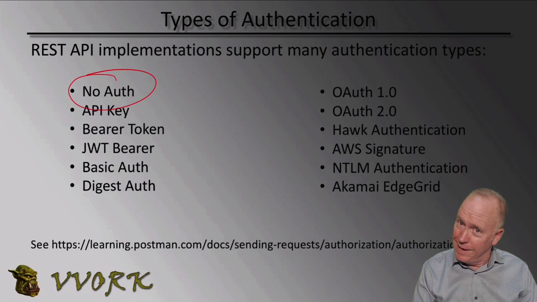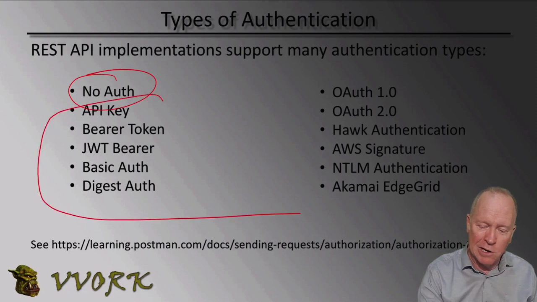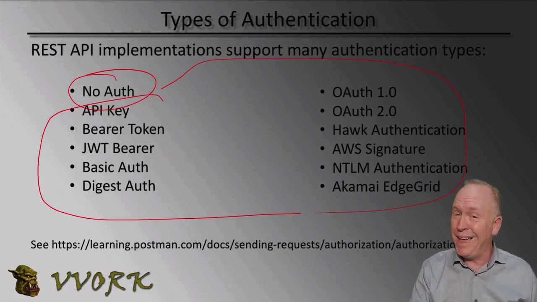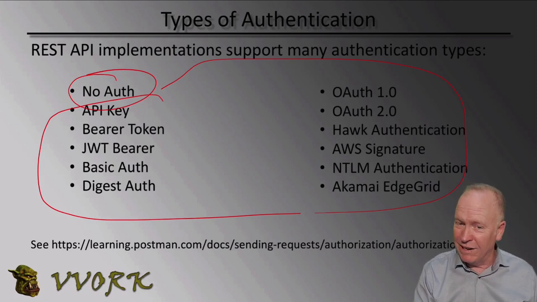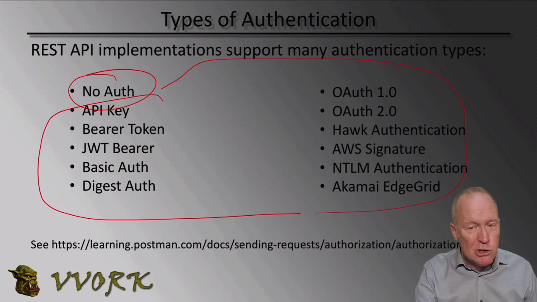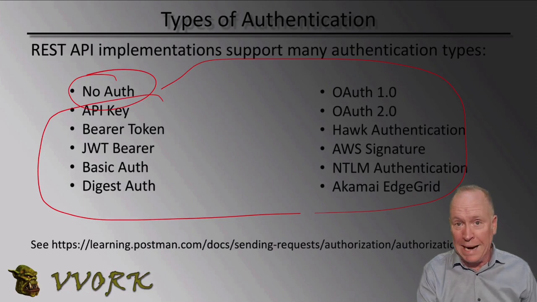Again, if you're lucky, you'll read the documentation and it'll say no authentication required, but in most cases, you're gonna have to find out which of these types of authentication you need to perform, and while you're at it, you're gonna have to go learn how these darn authentication mechanisms work. Word to the wise, don't expect, certainly in the beginning, to understand every single one of these authentication mechanisms.